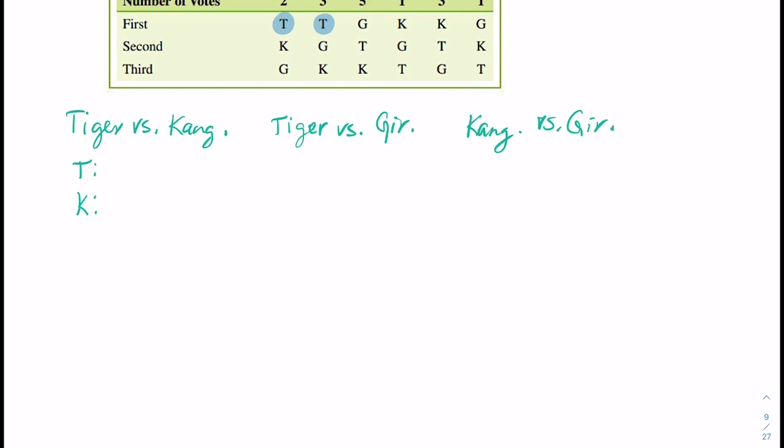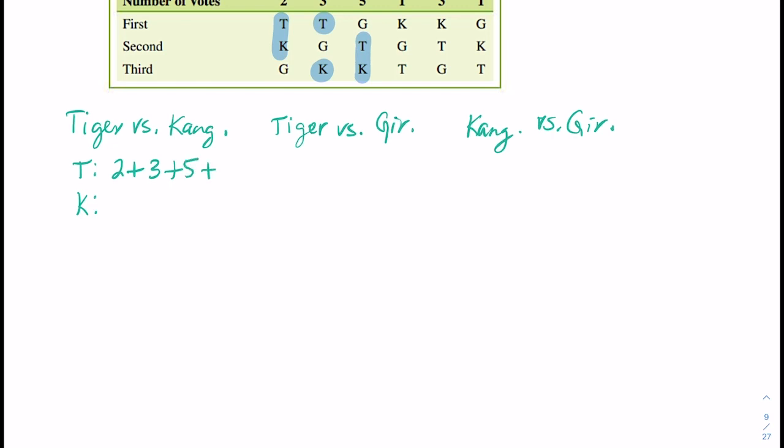An easier way to look at it is to look at all the columns and look at where it goes tiger and then kangaroo. So here, that's going to be 2. And then here it's tiger and then kangaroo, so that's going to be plus 3. Here it's tiger and kangaroo, so that's going to be plus 5.